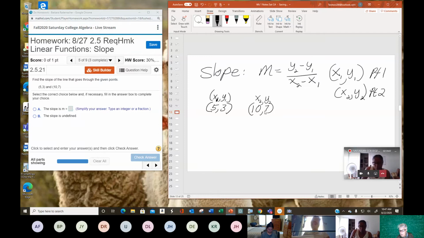So I could actually go one more step and say, okay, x1 is 5, y1 is 3, x2 is 10, y2 is 7. And then put them in the slope formula over here.